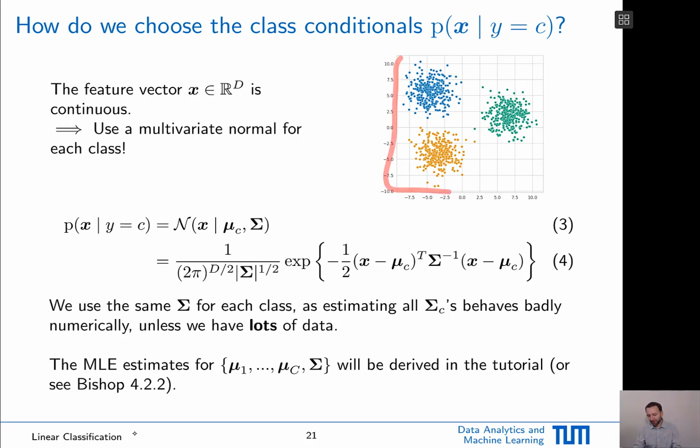So let's look at an example to make this a bit more clear. Here we see the setting. Let's say this is our training data. We have 3 classes given: class green, class orange, and class blue. Here we have 2-dimensional input data, 2 features, like 2 pixels or 2 attributes of a person. And these are the ground truth classes.